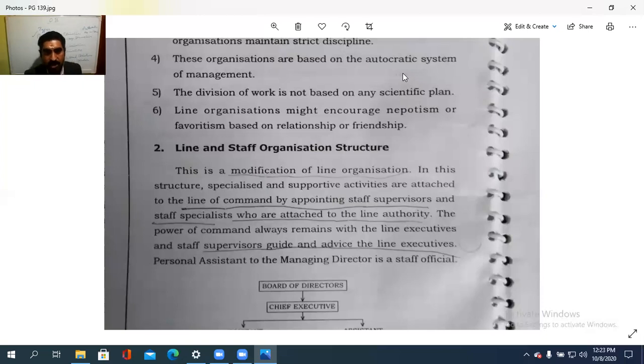The power of command always remains with the line executive, and staff supervisors guide and advise the line executive. That is, special people are taken, and the staff supervisors guide and advise these line executives. A personal assistant to the managing director is a staff official.